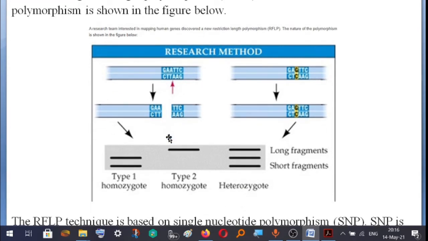Now, to visualize the DNA fragments, we need a platform where we can visualize these bands. So we use a technique called gel electrophoresis. In gel electrophoresis, there is a well where we put the genome after digesting it with the restriction enzyme.